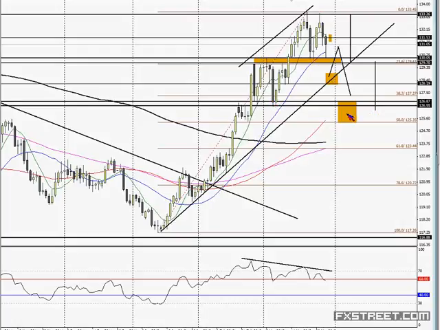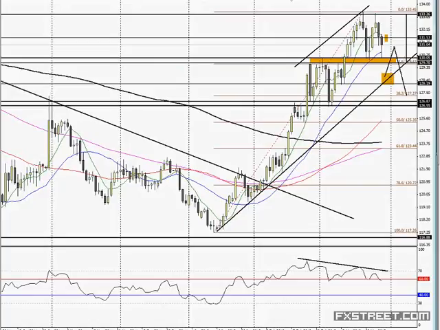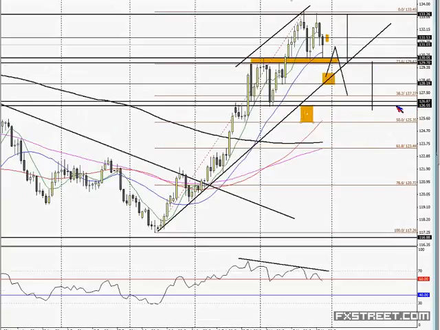So you see here, support here, previously acted briefly as resistance here. Here it acted as resistance. Here it acted as resistance. So this 126.50 area up to, I would say, 126.55 area, maybe even a little higher, there's going to be an important support.